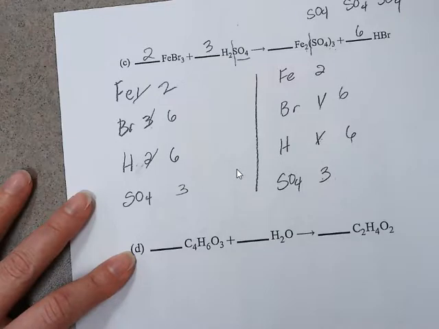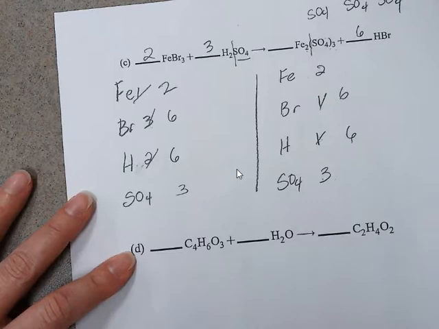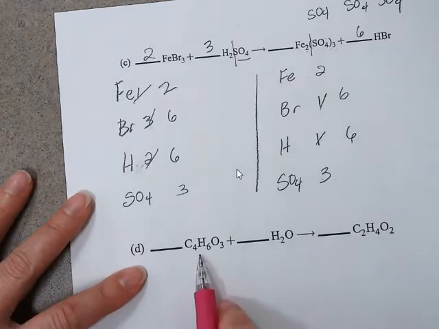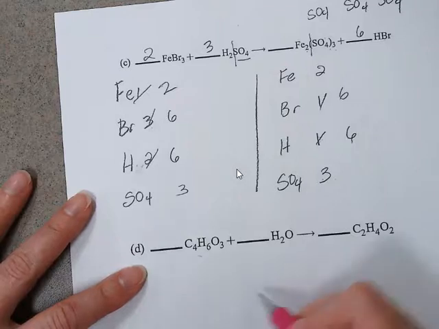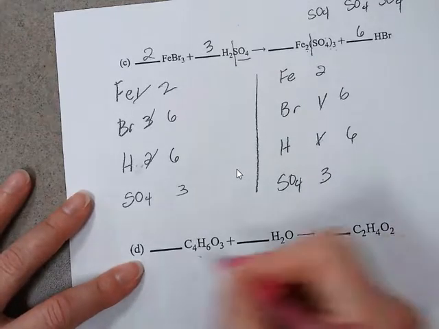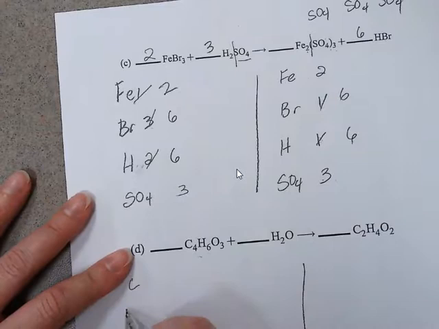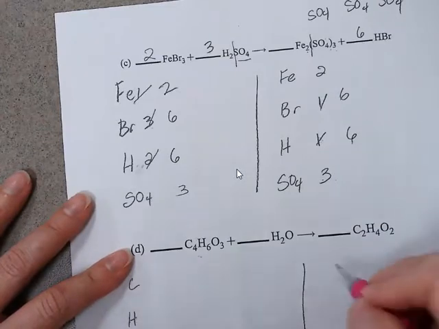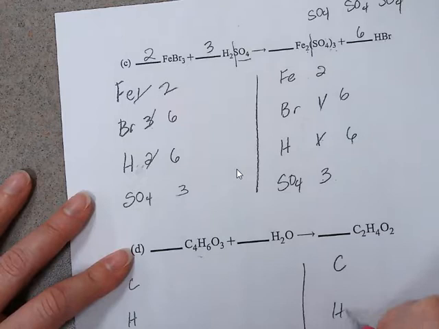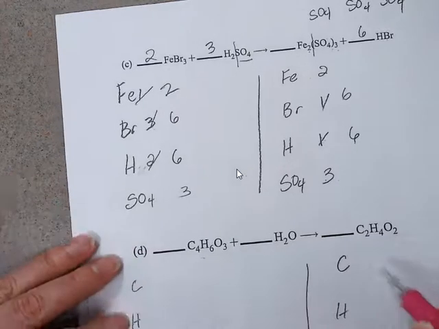This is still 4. There's 3 oxygens. Ooh, I wonder what this is. I don't remember my organic chemistry. I'm off. We're going to go ahead and try this though. See if we can figure this out.